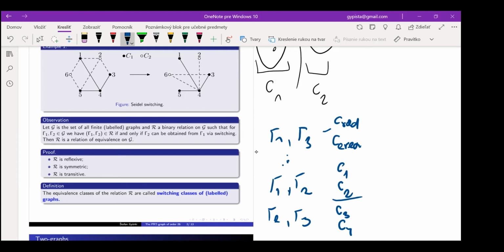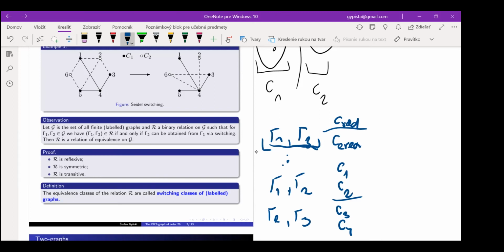So according to this we can separate the vertices, and with that partition we will easily see that with respect to this partition gamma 1 is switched to gamma 3.